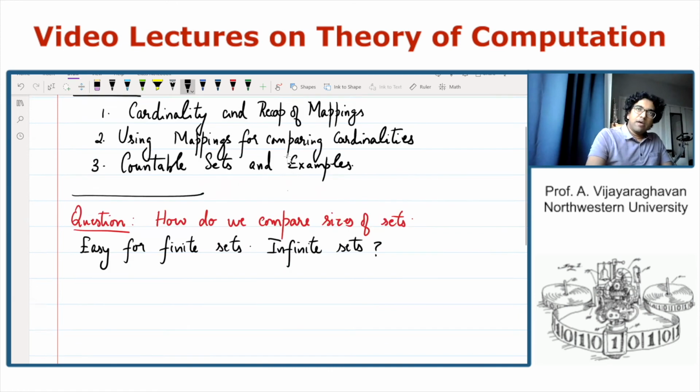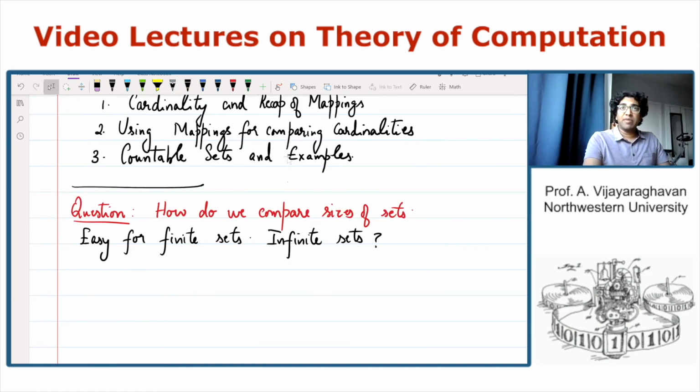Firstly, what do you even mean by a size of an infinite set? And then how do you go about comparing this notion of size? We will see how to do this using this indirect approach of mappings. But first, when we are talking about infinite sets, we will use this notion of cardinality.